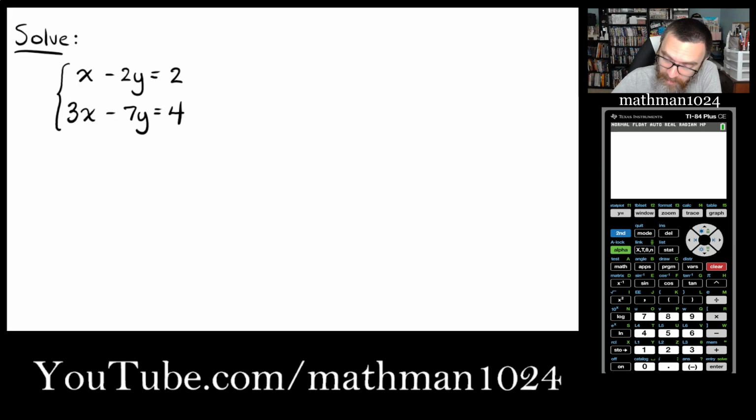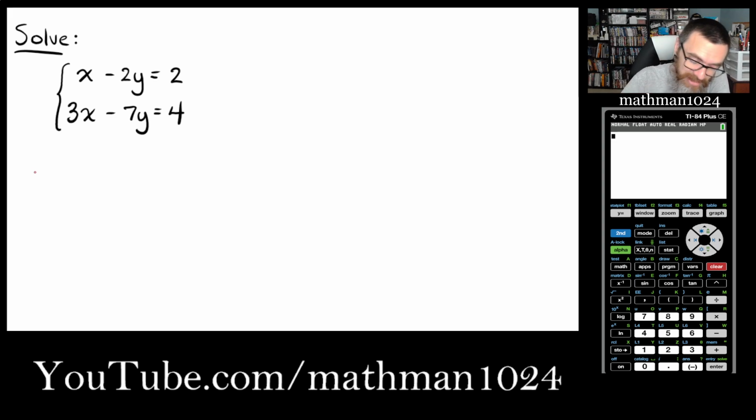All right, so let's take a look at this system right here. x minus 2y equals 2 and 3x minus 7y equals 4. Yes, I know we can solve this using substitution and using elimination. But what I want to do instead is rewrite this as an augmented matrix.